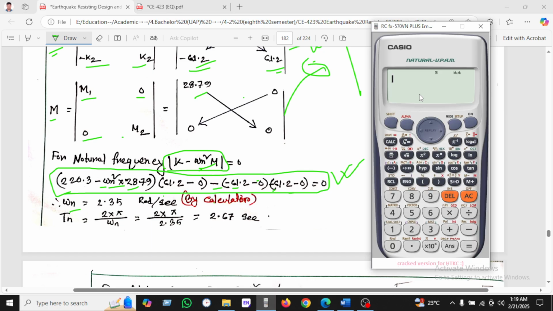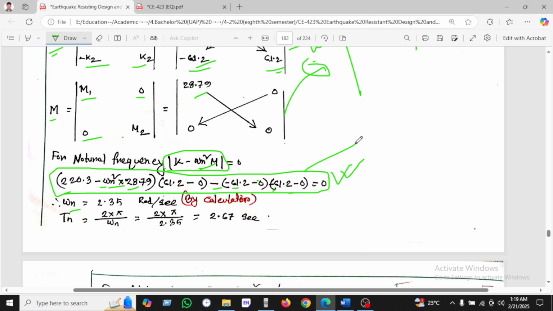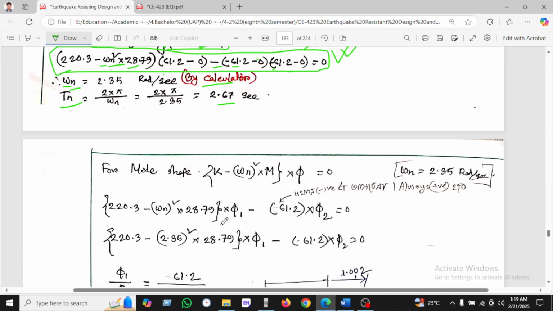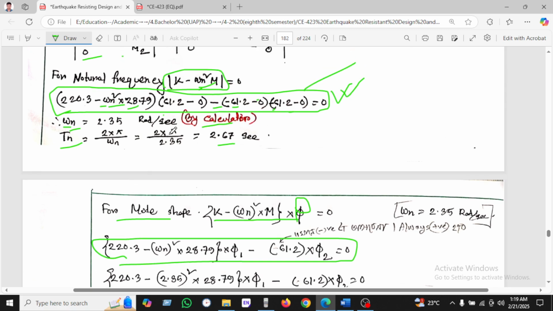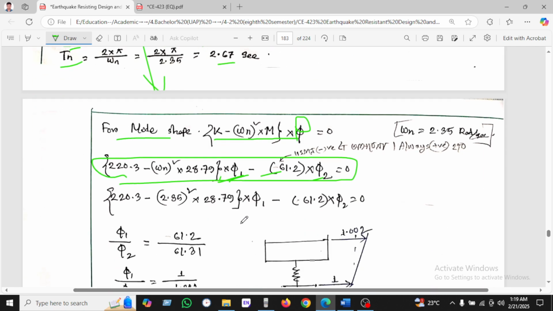And using this way, we calculate omega. Using the calculator with all the values here, we get the natural frequency 2.35 radian per second, and the time period we get is 2.67 seconds. For the mode shape, we use K minus omega squared into M, times phi. We put this value here. These are the equations we found previously.